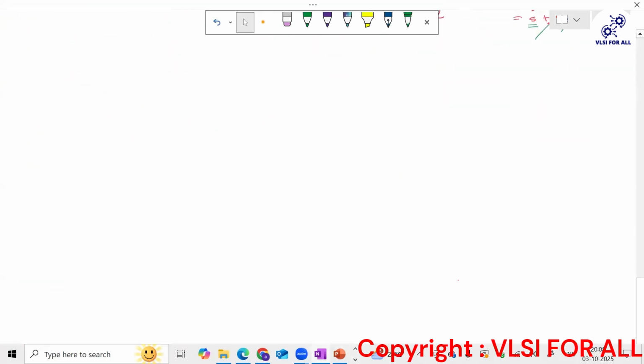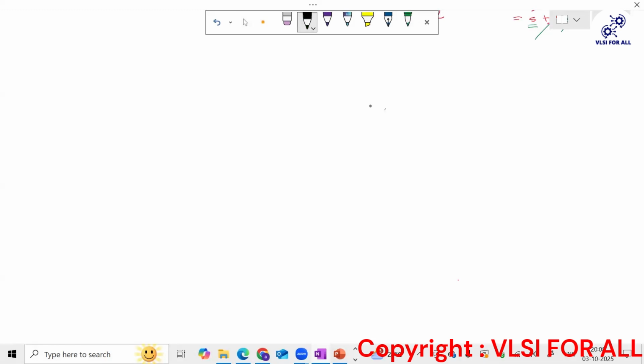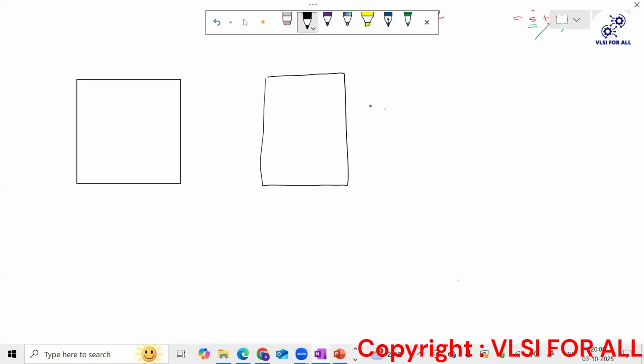Now try to understand. I will give you 2-3 examples, and then you need to tell which one is serial and which one is parallel. Let me take a small block.